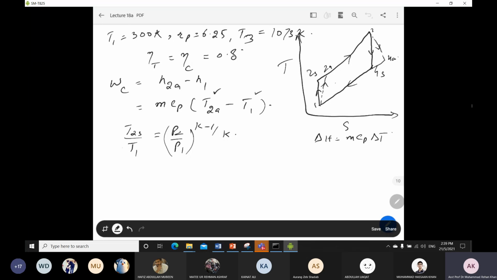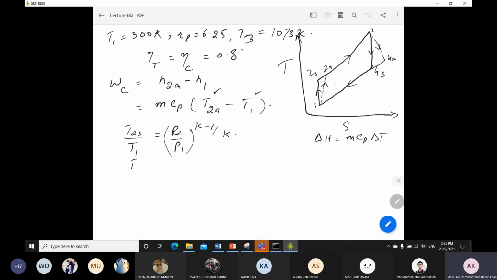P2 by P1 is known from the question, which is the pressure ratio, and the k value for air is also known. So T2s is T1, which is 300, times the pressure ratio 6.25 raised to 0.4 divided by 1.4.